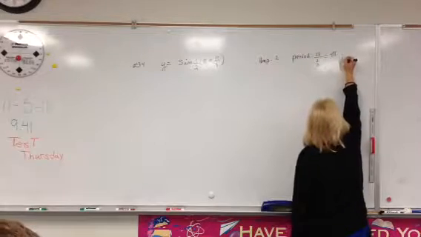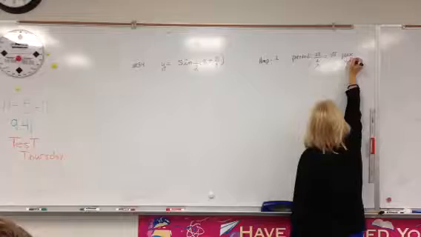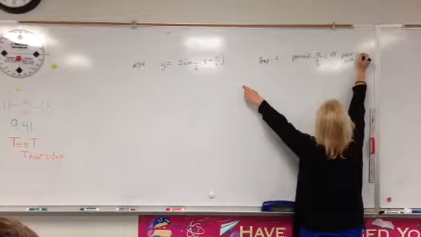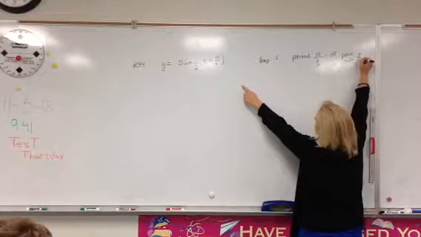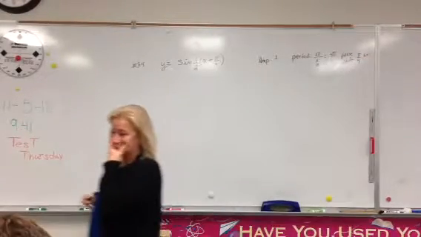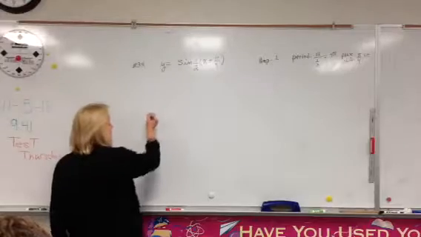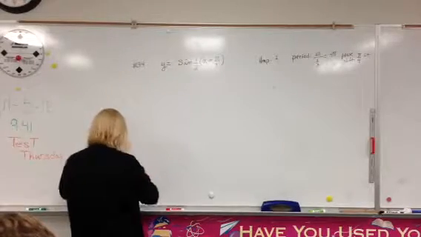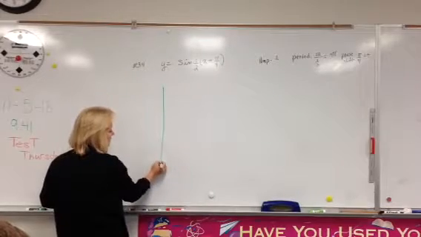And the phase shift is towards the negatives. So that would be to the left. So let's go ahead and draw the first graph very lightly and apply the shift at the end.